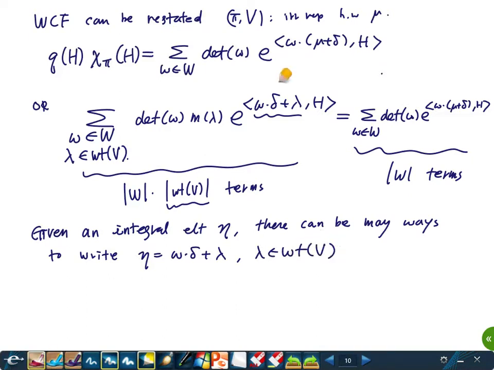So eta will appear many times because you can select carefully mu, lambda, and w, right?